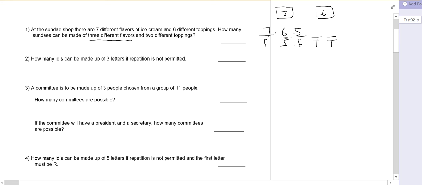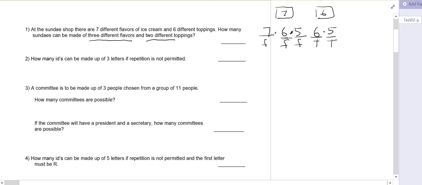Now I get to toppings. It's all multiplication, remember? Okay, so I'm putting my little multiplication sign there. When I get to the toppings, I have 6 choices for the first one. But once again, I need to use 2 different toppings. So when I get to the second topping, there's only 5 left. So that was step 3.